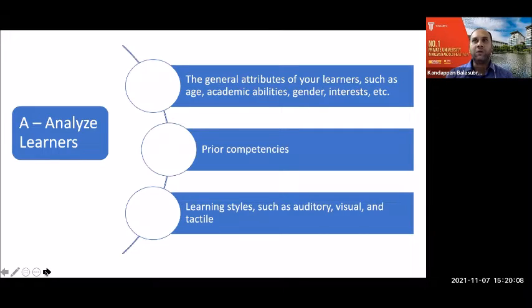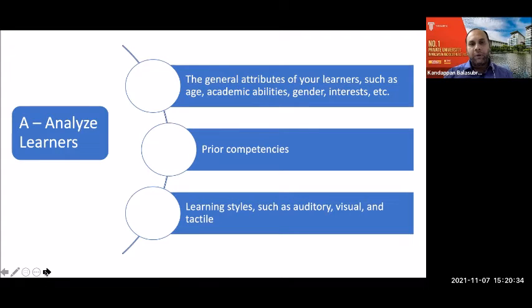The age also has a very close relation with their years of experience, qualifications, and probably the gender, and the interest. So this general information about your learners will help you to design, modify or improve your teaching materials and also to manage accordingly.